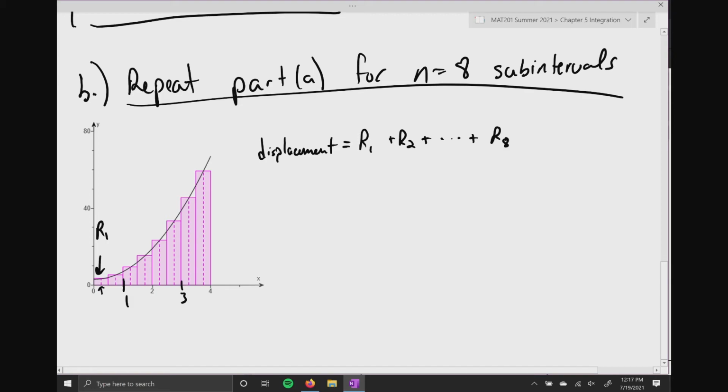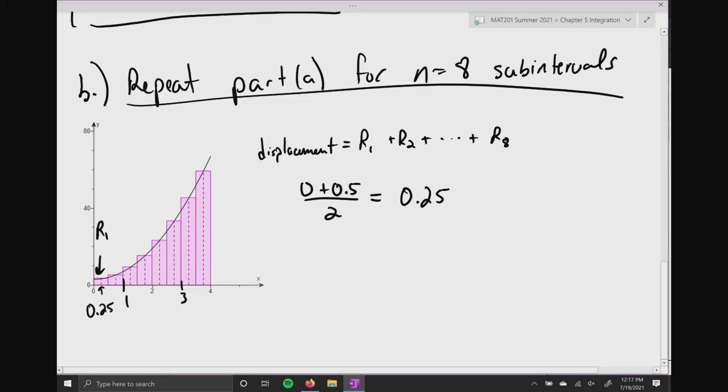This midpoint right there is going to be the midpoint of 0 plus 0.5 divided by 2, which is 0.25. So that's our midpoint, 0.25, okay?